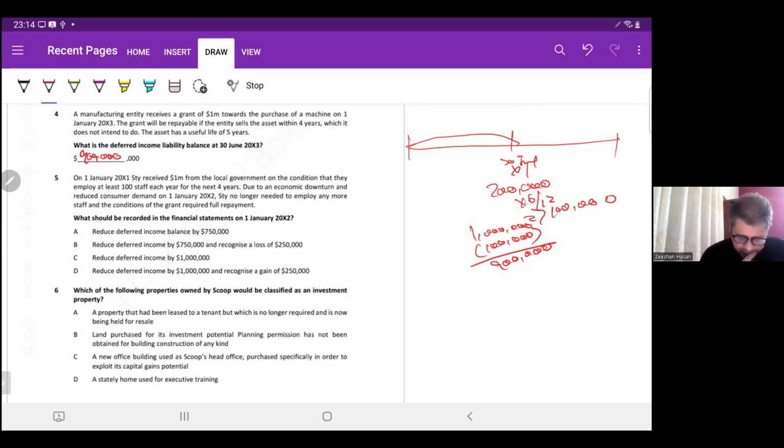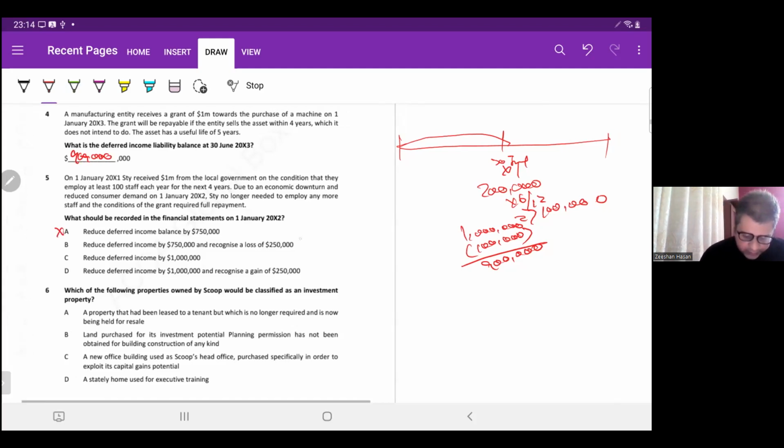What should be recorded in the financial statements on 1st January 20X2? Reduce deferred income balance by 750,000. No, it's the wrong option. Reduce deferred income by 750,000 and recognize a loss of 250,000. Yes, this is the right option.